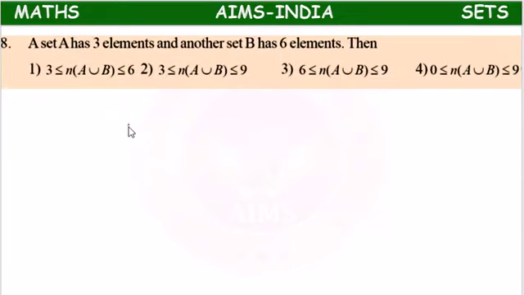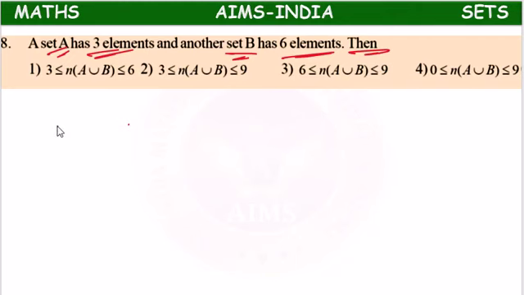Next, set A has 3 elements, set B has 6 elements. Then what is n of A union B?